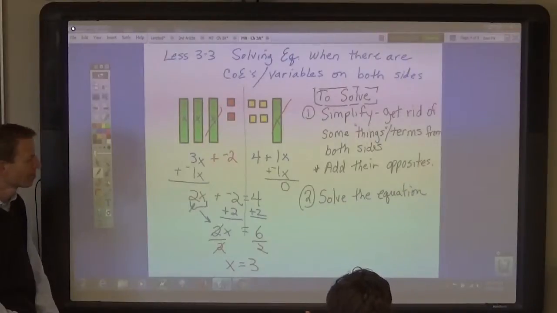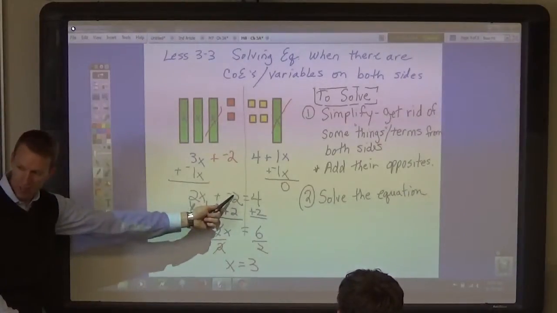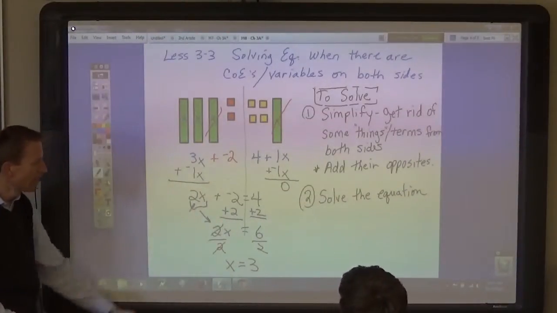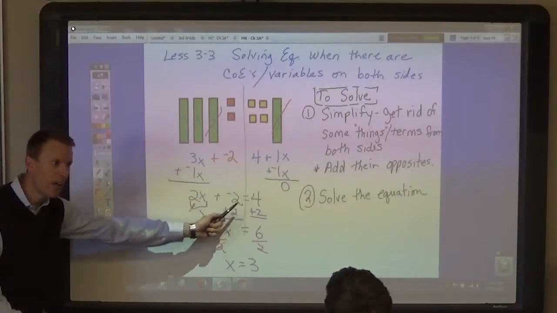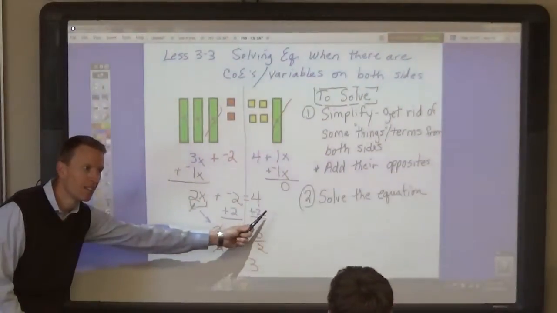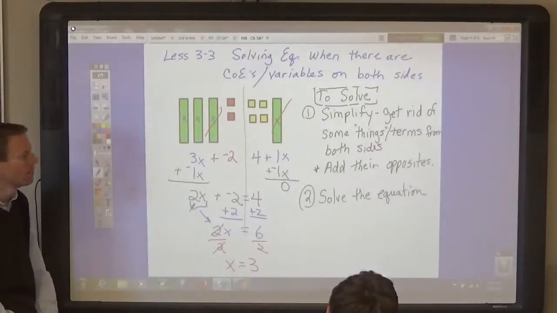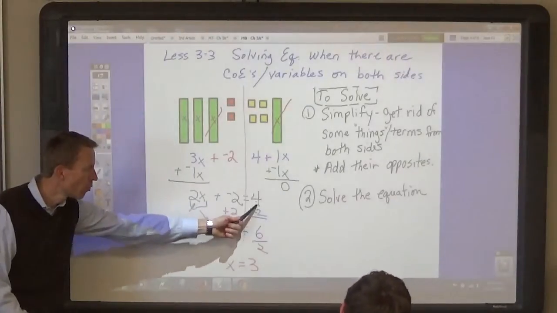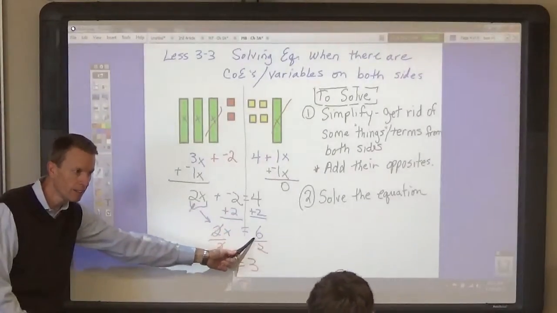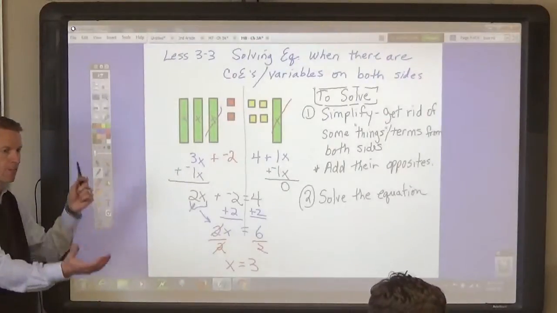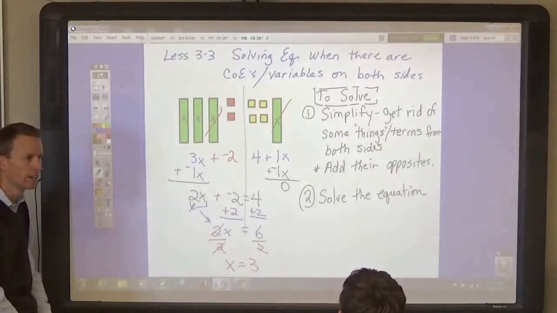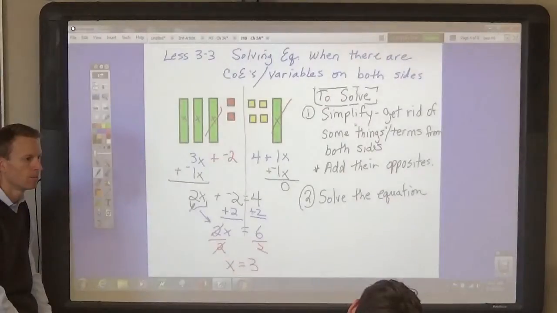Add 2. Add 2 to -2 equals 0. If you do that to the left side, you have to do the same thing to the right side. Now, do the math. 4 plus 2 is 6. So now what do we have left on each side?